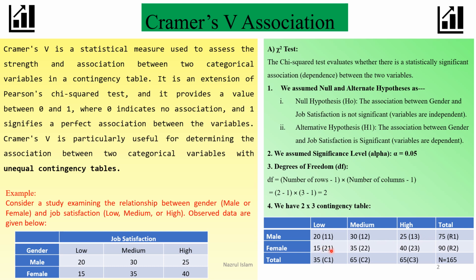On the other hand, for female, 2 1 means row 2 column 1, 2 2 means row 2 column 2, and 2 3 means row 2 column 3. This is the summation R1, R2. This is the column total C1, C2 and C3. This is the n, that is total number of observations, 165.